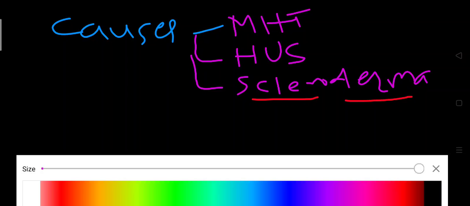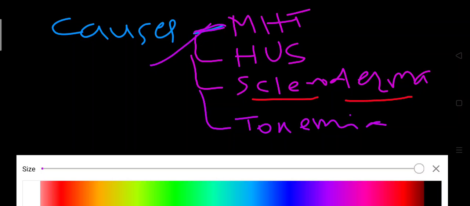And the last cause is toxemia of pregnancy, which is a complication of pregnancy in which blood pressure is increased. So there are four causes of hyperplastic arteriosclerosis: first malignant hypertension, then hemolytic uremic syndrome, then scleroderma, and then toxemia of pregnancy. So this one was hyperplastic arteriosclerosis.